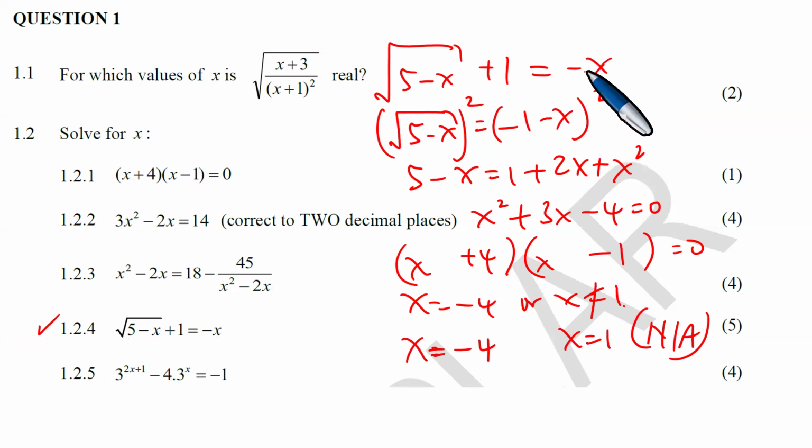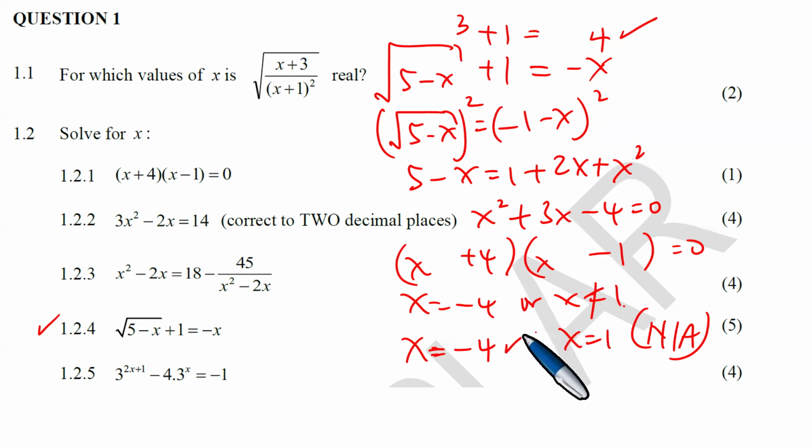Minus 4, if you put it here, you have minus 1 times minus 4, which is 4. And if you put minus 4 here, 5 plus minus 4 is the square root of 9, which is 3. 3 plus 1 is equal to 4.